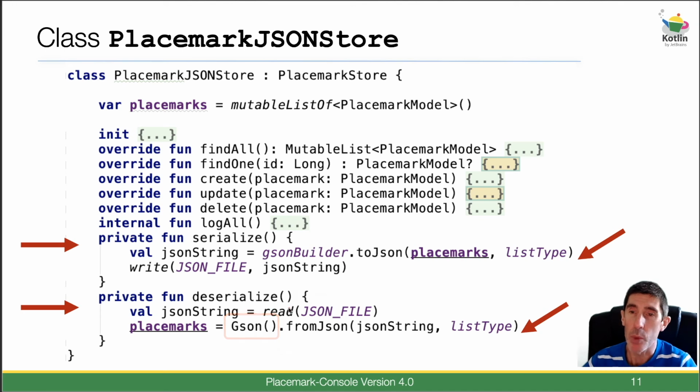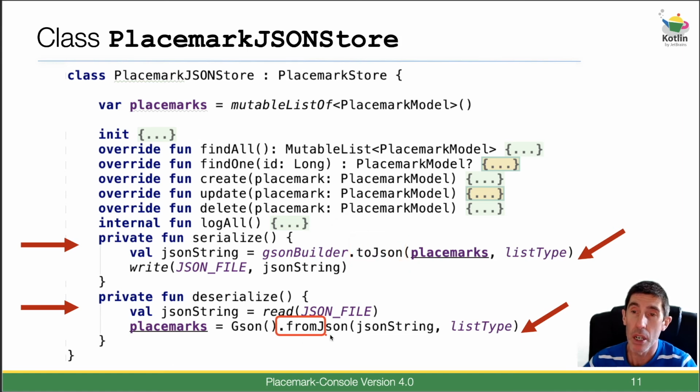We say our JSON dot fromJSON. That's going to convert this basic string, and there we have our same list type telling Google's JSON how it's supposed to convert that string back into a whole list, or in our case a mutable list of placemark objects.